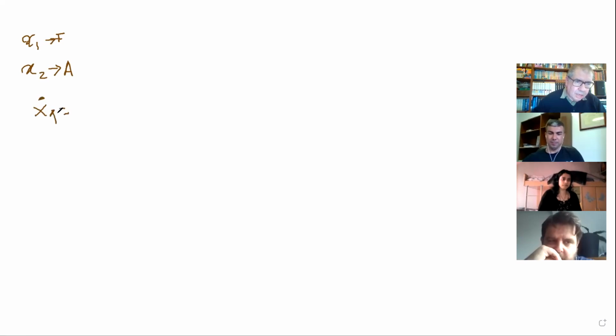Now, I want to write two equations for x1 and x2, as simple as possible. So x1 dot is the rate of change of the number of soldiers in the French army.